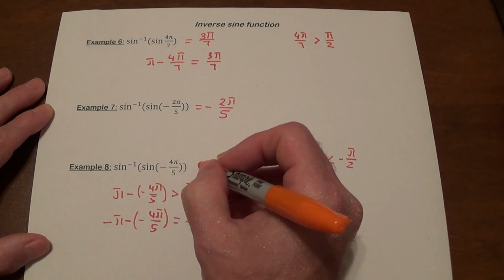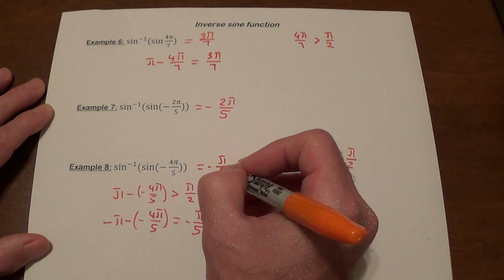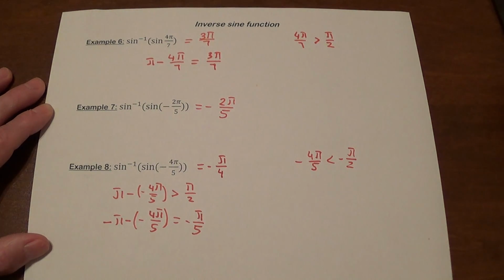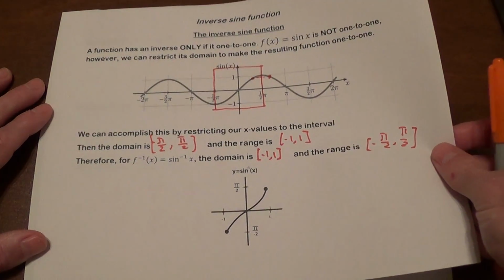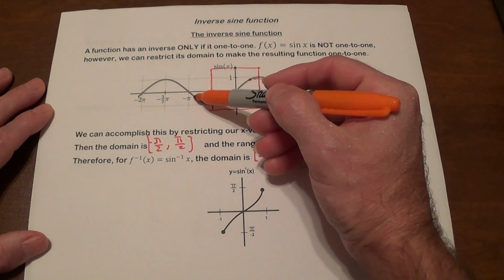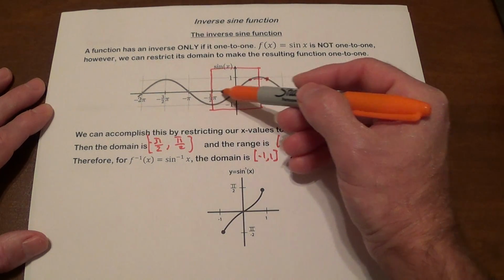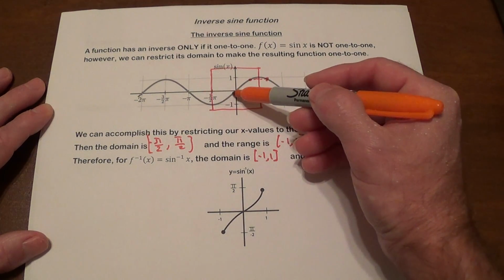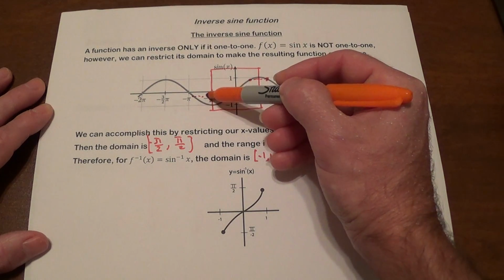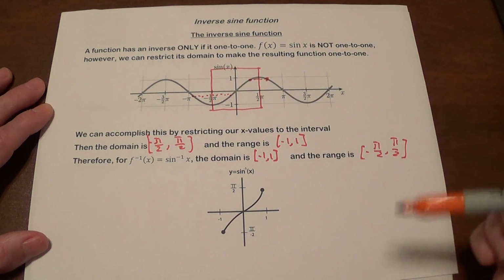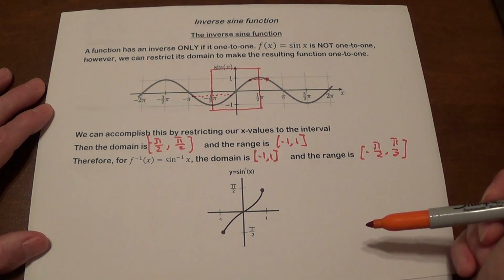So the value is going to be negative pi over 5. Again, let me show you really quick what it's going to look like on the graph. Negative 4 pi over 5 is somewhere here. So we want to be here, the same value, right? You do need to look at the graph of sine, not the inverse sine, to make sure you can understand this better.